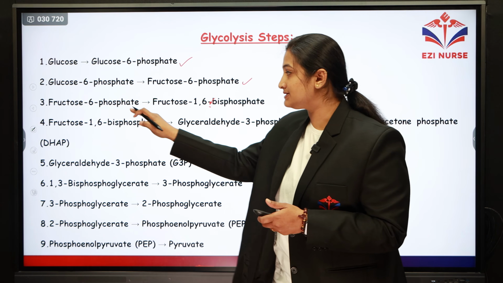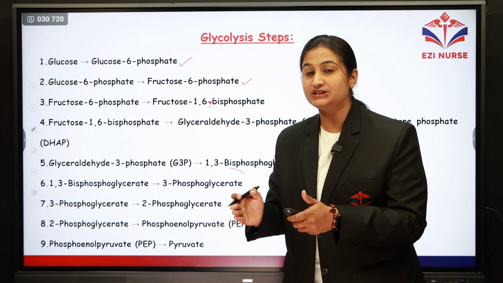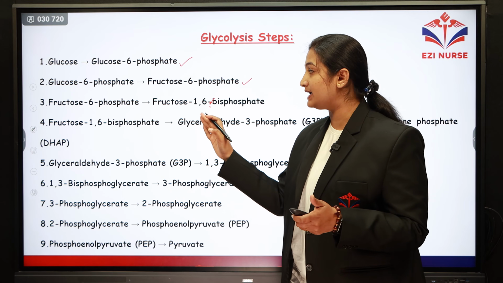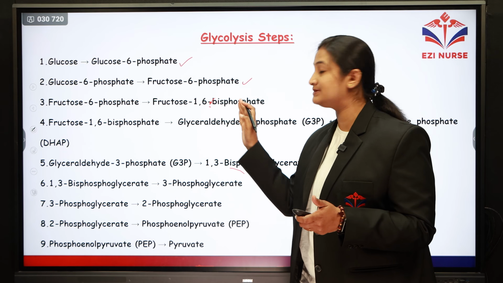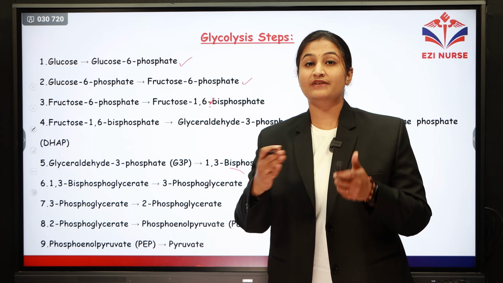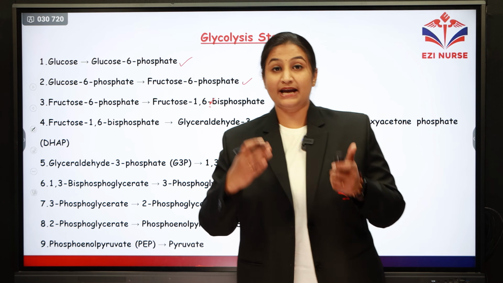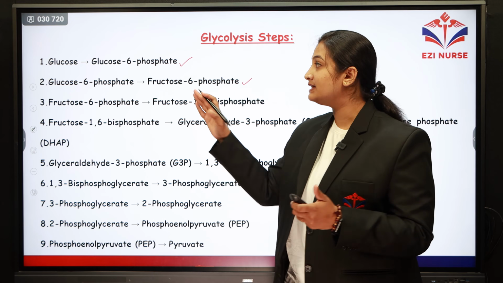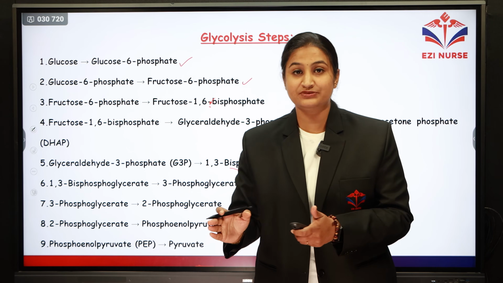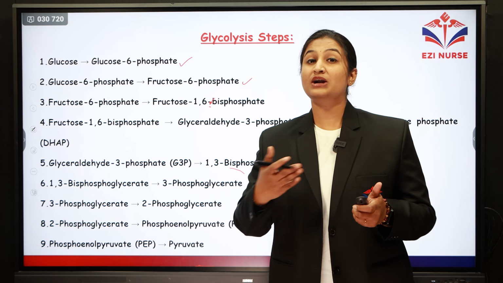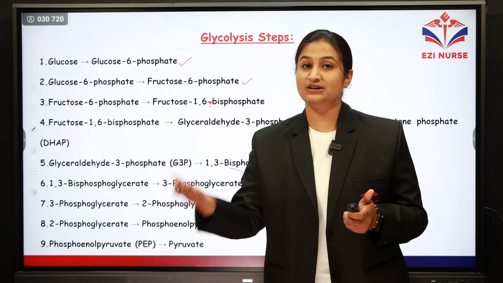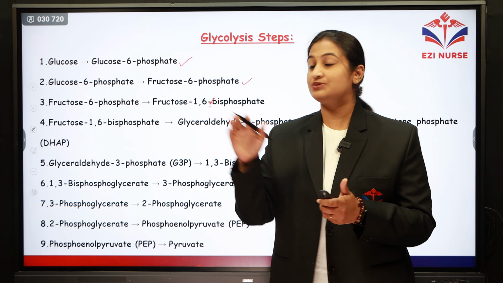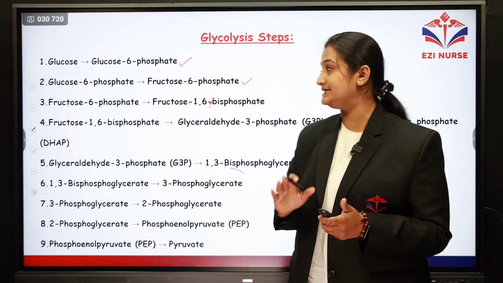Then fructose 6-phosphate is again converted, with an enzyme involved, into fructose 1,6-bisphosphate. You have to memorize these, because they are technical terms that you have to write in your exam. If you understand them, well and good, but try to write them out so that your spellings are also correct in your exams.